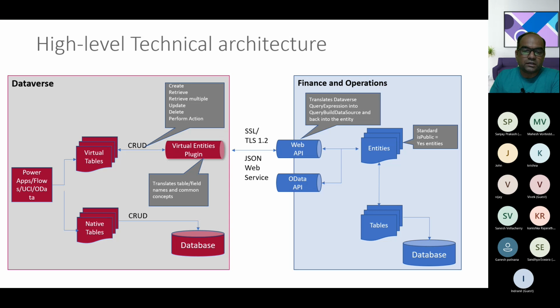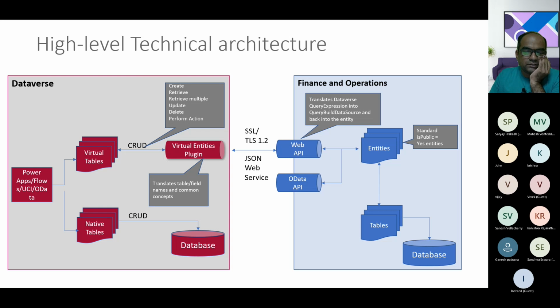However, virtual entities or virtual tables do not reside in the Dataverse system, but connect with the external system, in our case a finance and operations app, and that too at runtime. So for the customer and vendor virtual tables you can see here, all this metadata is available as part of your Dataverse solution, because any entity requires the schema, right? That is what you call metadata, available as part of the Dataverse solution.